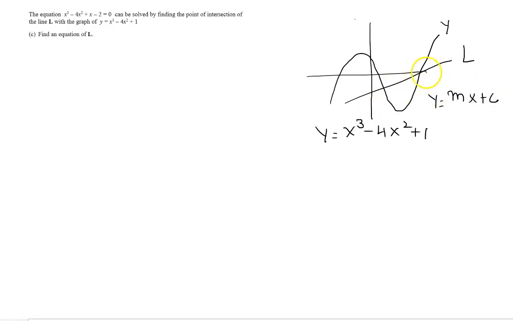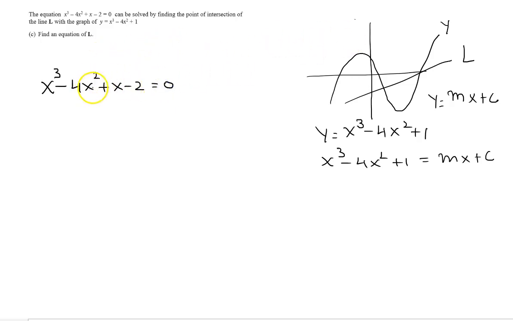Because both are the values of y at this point of intersection, so we can write this as x cube minus 4x square plus 1 is equal to mx plus c, because it will satisfy these points. Now in this case, this equation is given, that is x cube minus 4x square plus x minus 2 is equal to 0.